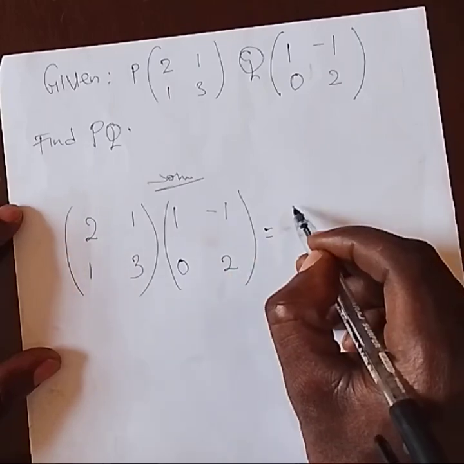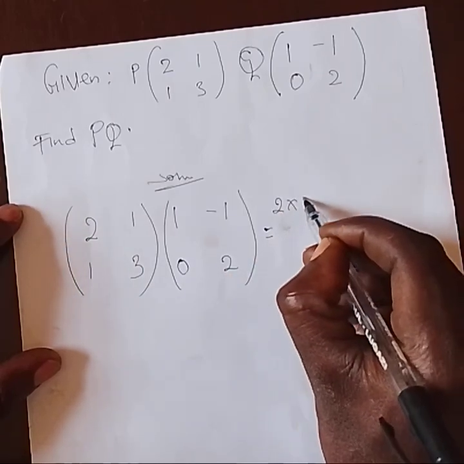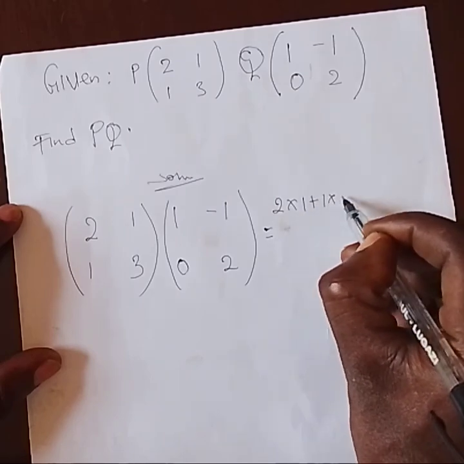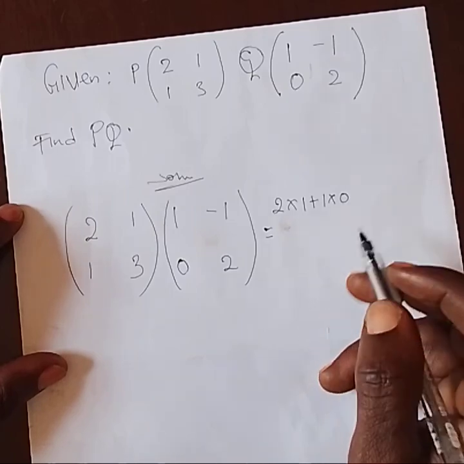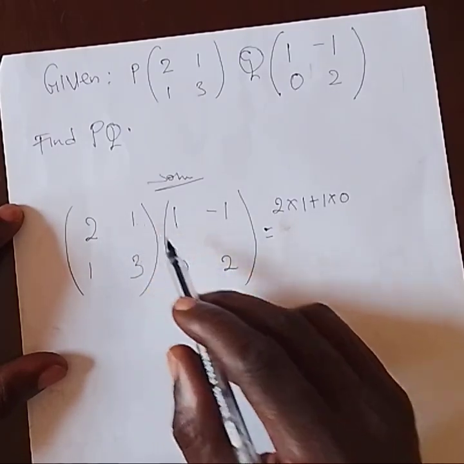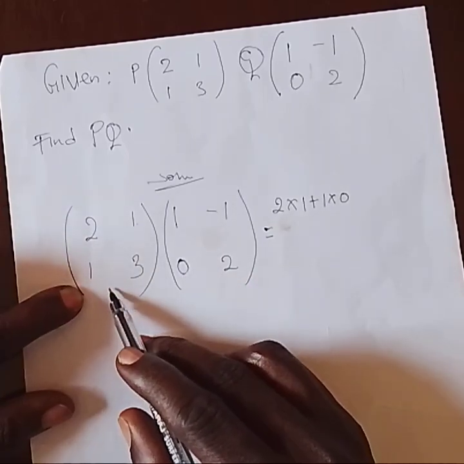So as I was saying, we multiply now. This is 2 times 1 plus 1 times 0. Then the next one, we multiply this by this, then this one by this one.